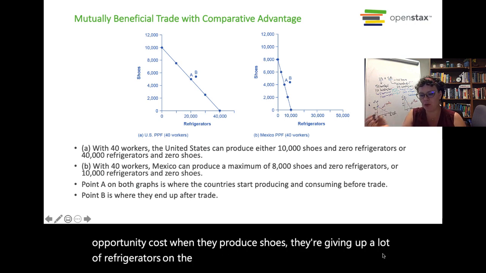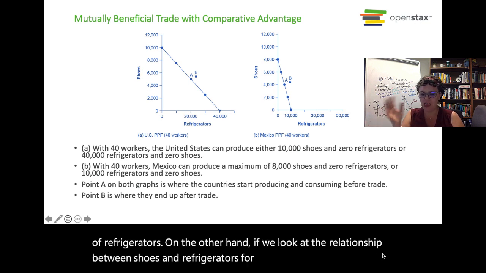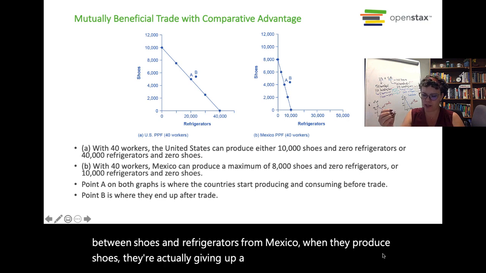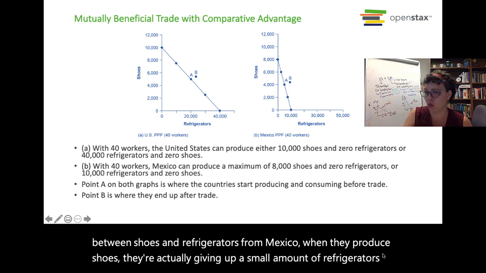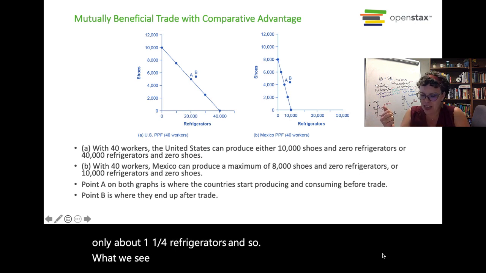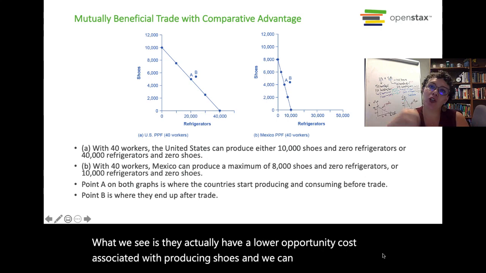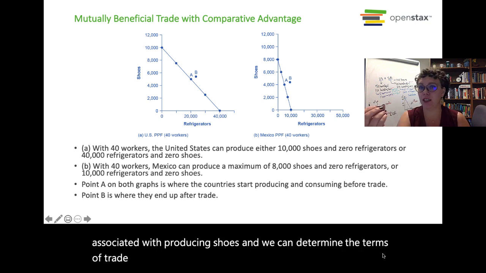On the other hand, if we look at the relationship between shoes and refrigerators for Mexico, when they produce shoes, they're actually giving up a small amount of refrigerators, only about 1.25 refrigerators. And so what we see is they actually have a lower opportunity cost associated with producing shoes. And we can determine the terms of trade from the opportunity cost.